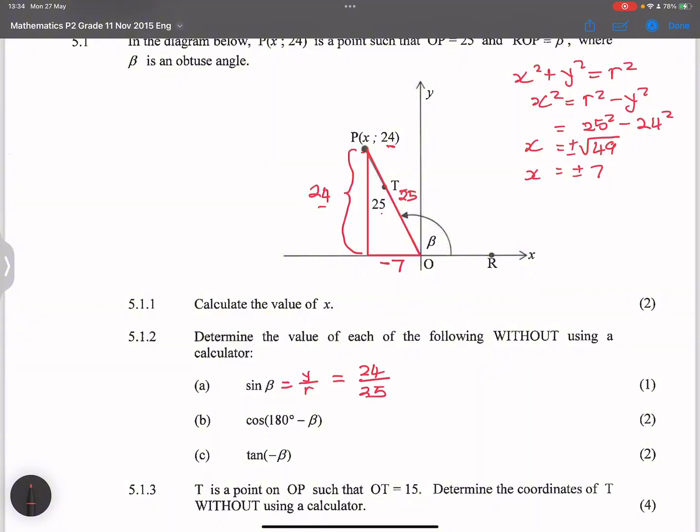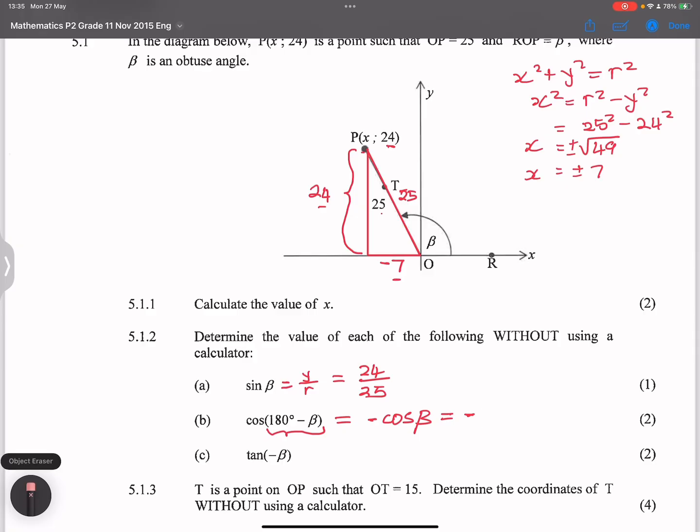Now using the reduction formula, ladies and gents, cos of 180 minus beta. Now remember, how is cos in the second quadrant? Well, cos is negative in the second quadrant. So in fact, we are looking for minus the cos of beta, right? Now remember, cos is x over r.